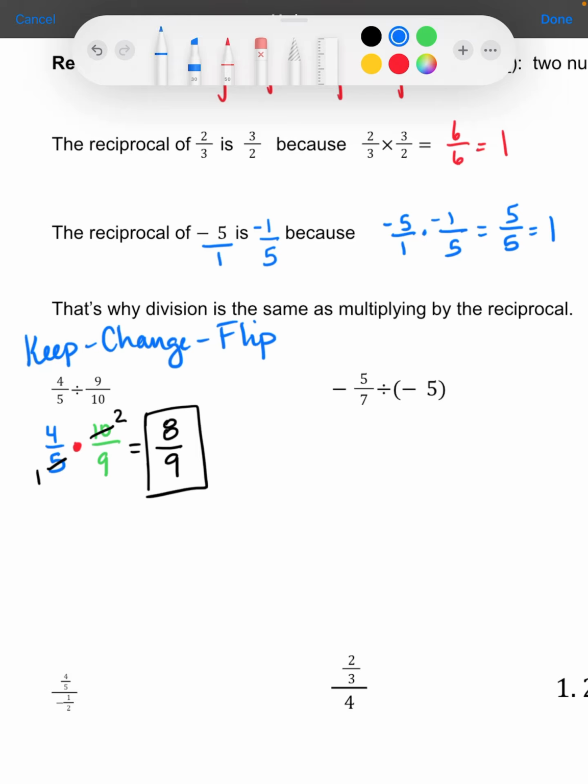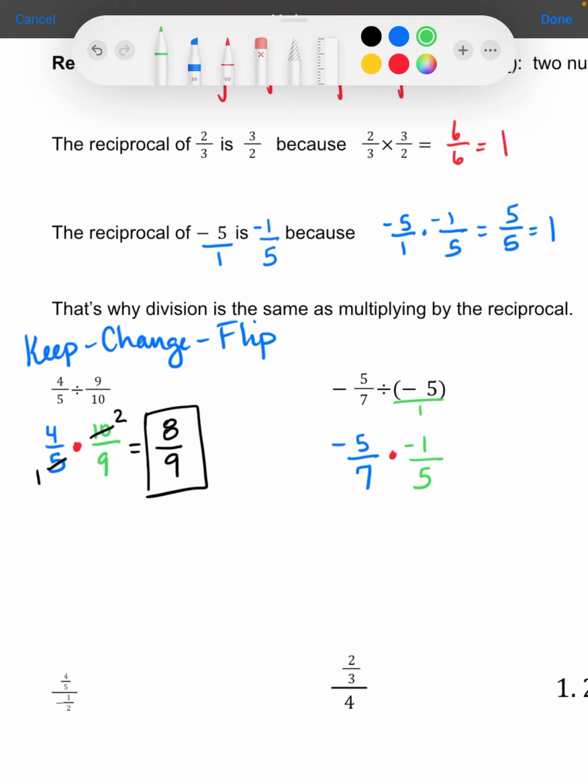Going next door over here, I'm going to keep the negative 5/7, change the division to multiplication, and keep in mind that this is negative 5 over 1, so the reciprocal is negative 1 over 5. It doesn't matter where that negative is, okay? Because negative divided by positive, your answer is going to be negative.